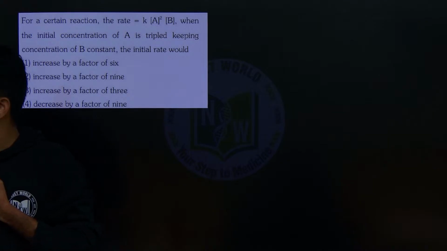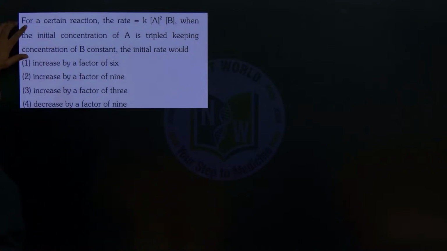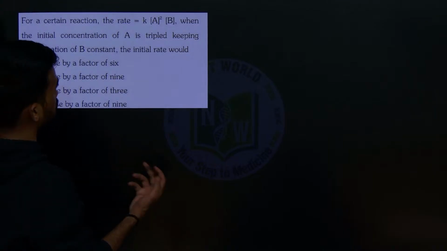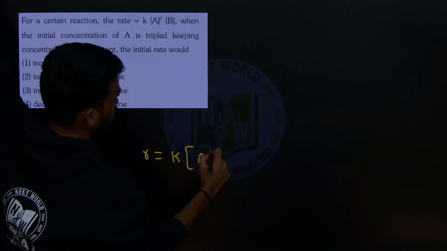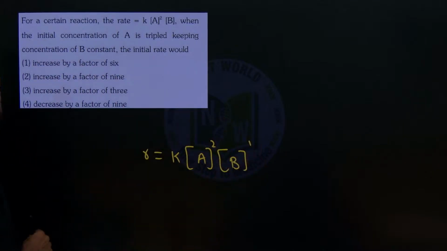Yes, okay. So the first question given is, for a certain reaction, the rate of the reaction is given like this: rate equals K into concentration of A to the power 2 and concentration of B to the power 1. Let us say this is equation 1.